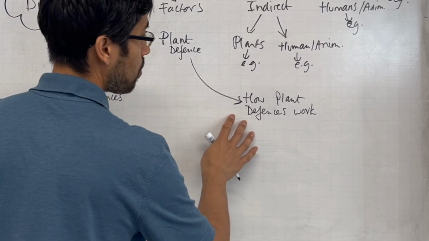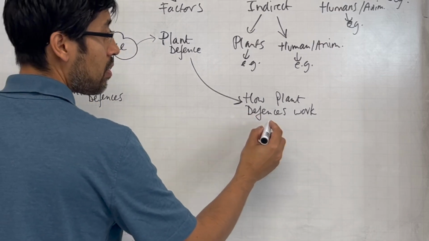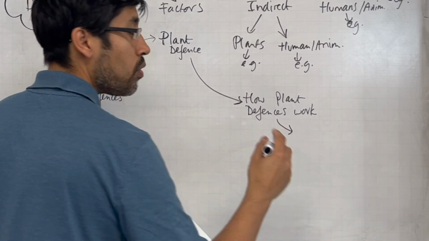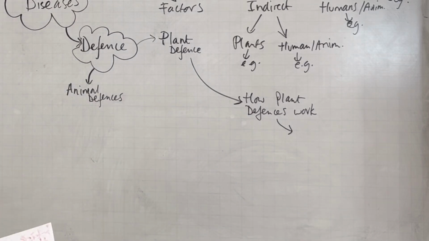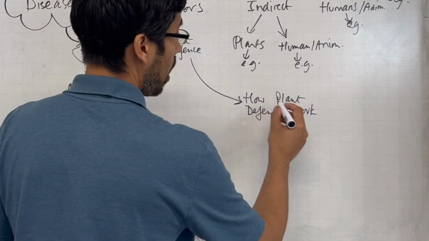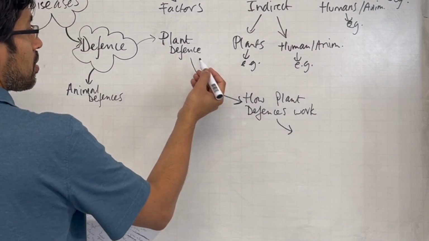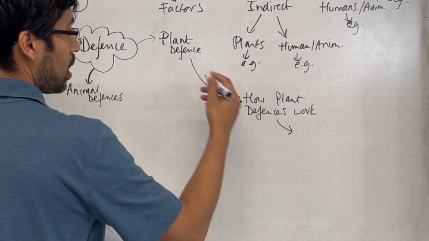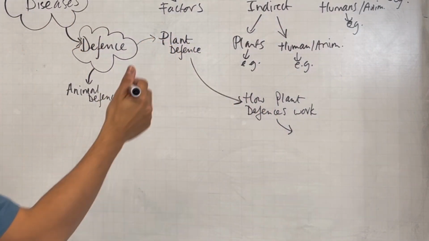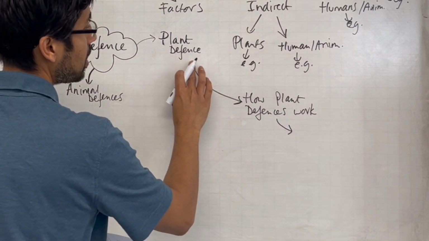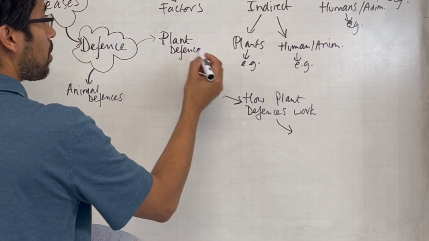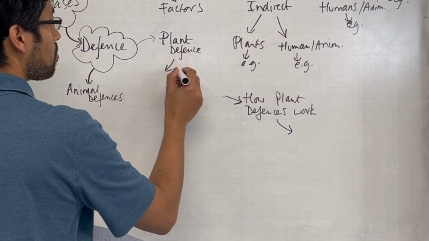Now, in terms of how plant defenses work, it is very reminiscent of hormonal communication. All right, so plant defenses, we've got 2 types, right?